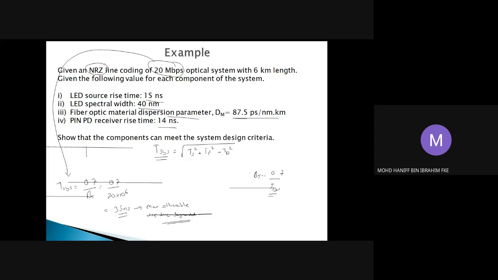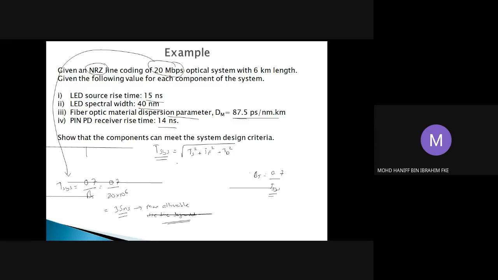So you need to ensure that your calculated rise time is smaller than 35 nanoseconds. That is why I mentioned that by calculating the rise time based on the given bit rate, the value of 35 nanoseconds is defined to be the maximum allowable rise time value.